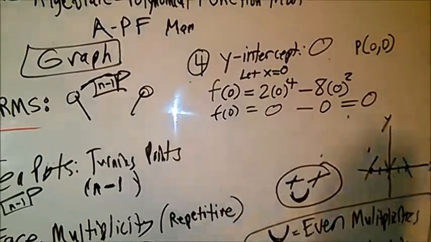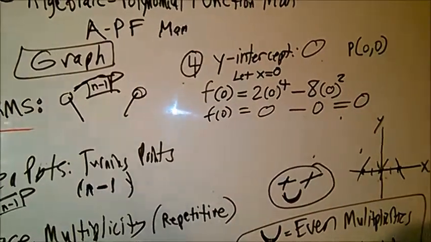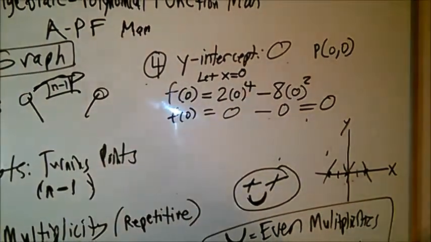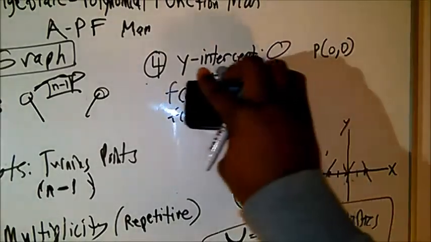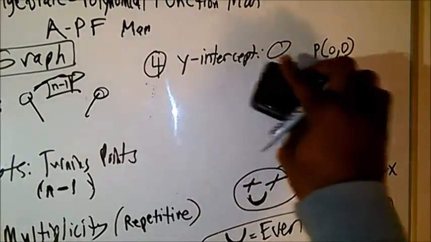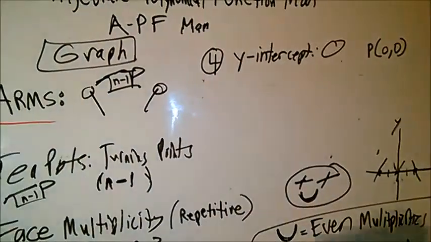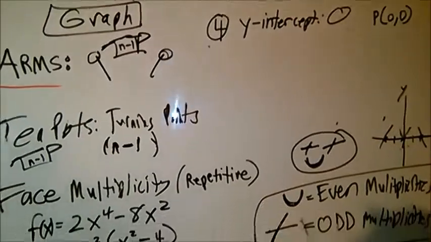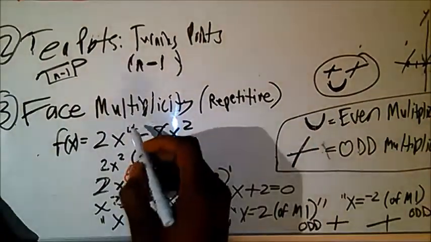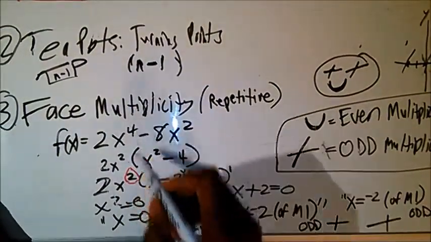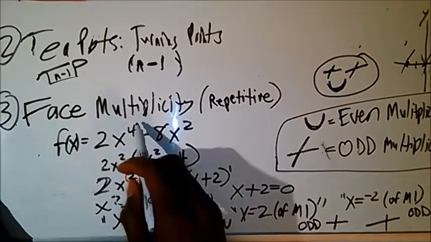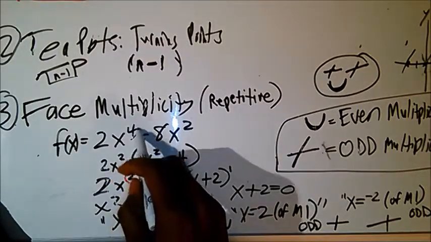Okay. So I'll erase this now because we already know what our y-intercept is. It's 0, right? And I'm going to use this space to graph. So we put it together. For a polynomial function, we know that the highest power is 4, right?